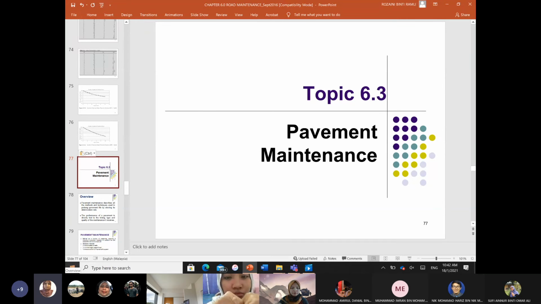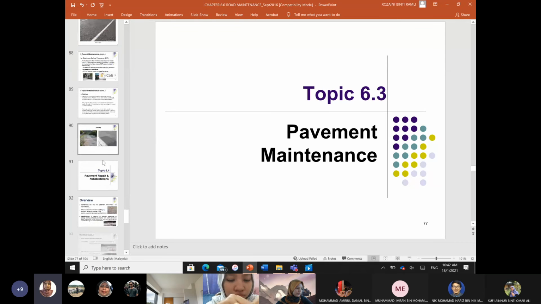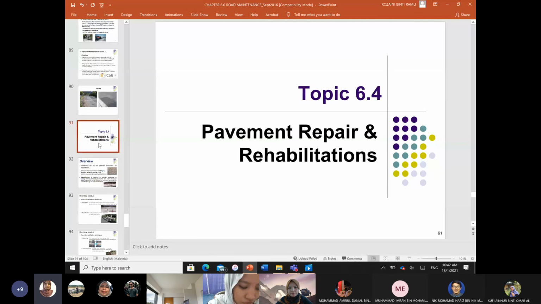Next is to go for 6.4. 6.4 is pavement rehab and pavement repair. So the flow of stages is like that. It starts with pavement maintenance, and when it cannot be solved and is getting worse, you go for pavement repair and rehab works.